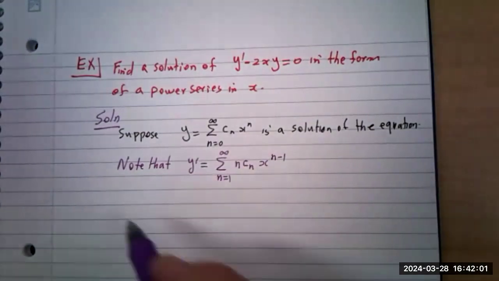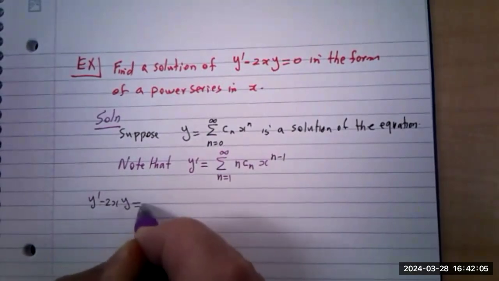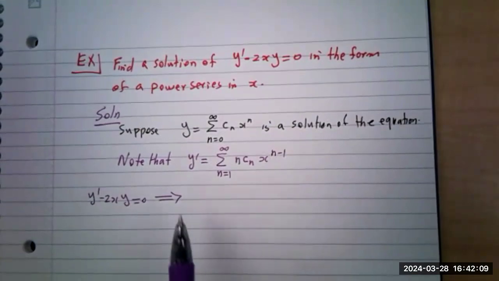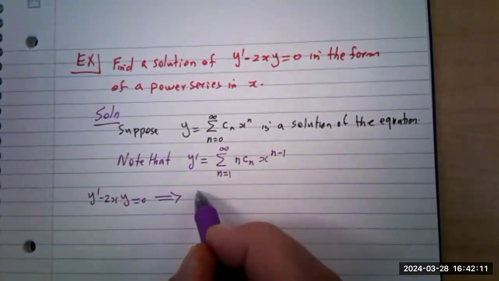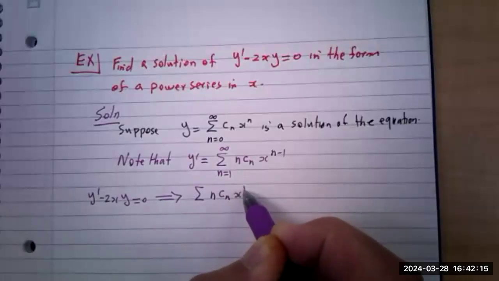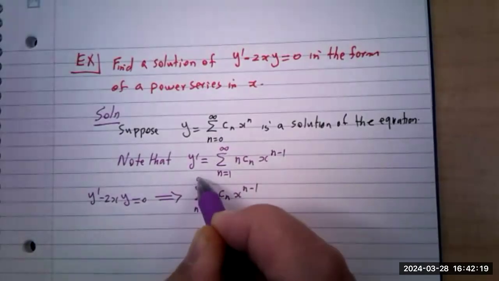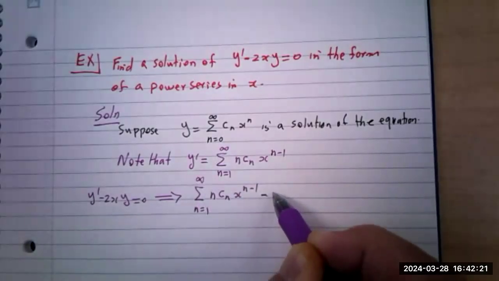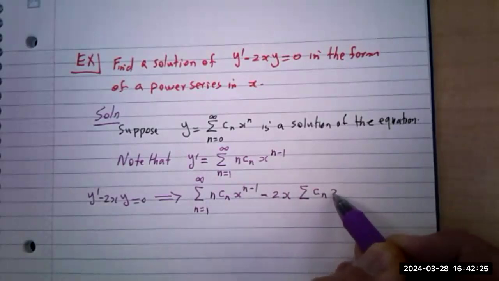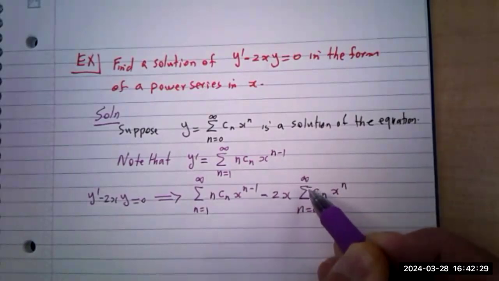In the equation, y prime minus 2xy equal to 0. It must satisfy this equation. Okay, substitute. So this is it. It's going to be sigma of n Cn x to the n minus 1, n from 1 to infinity, minus 2x times sigma of Cn x to the n from 0 to infinity.